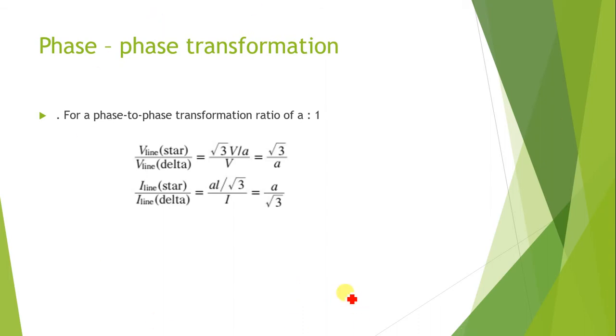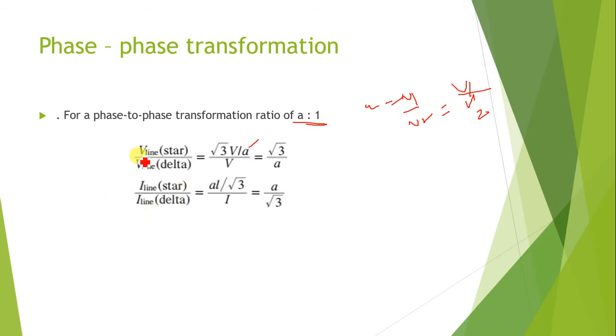Coming to three phase transformation or phase to phase transformation, we already know V line, that is voltage in line in case of a star, which is equal to root 3 V by A, where A is the transformation ratio. A is equal to N1 by N2 or V1 by V2. This is a very generic formula.